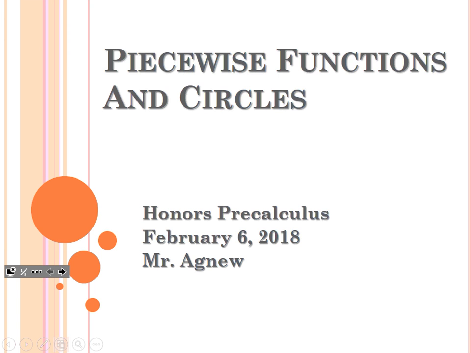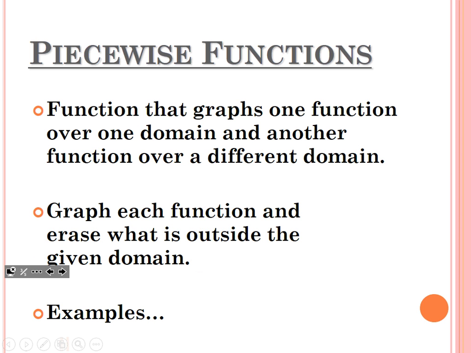Okay? All right, so let's just throw a little definition to all this. We've already kind of talked about it. Piecewise functions are functions that graph one function over one domain, another function over a different domain. You might have 3 or 4 or 5 or who knows how many functions.